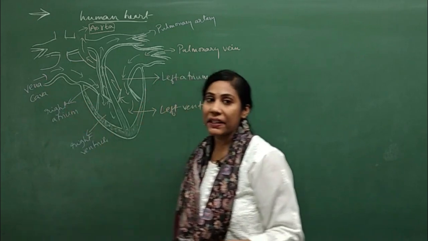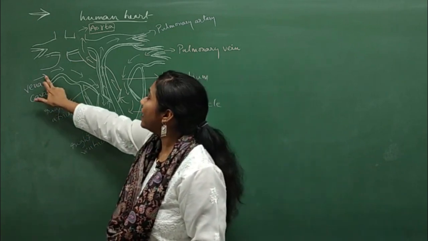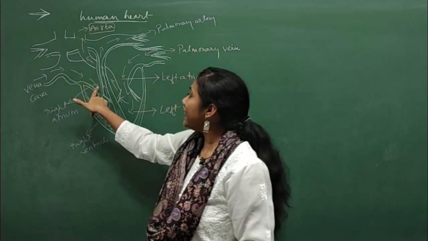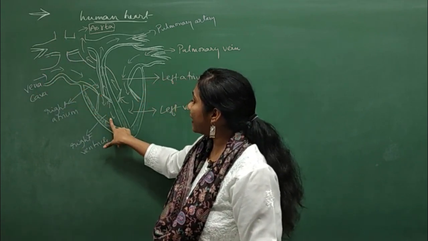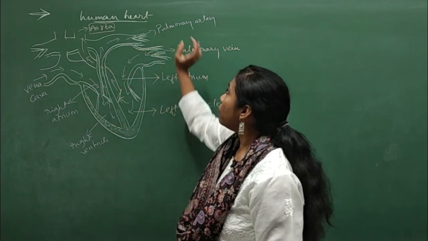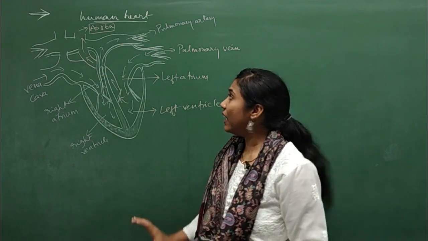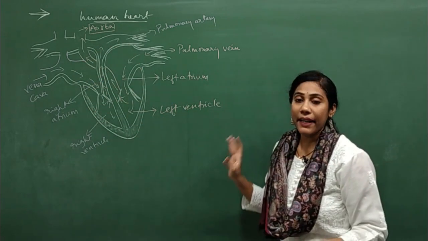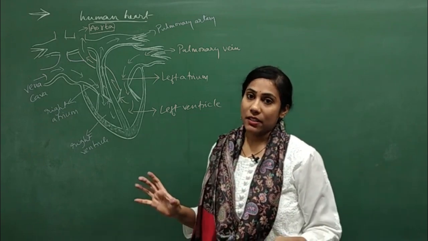Vena cava is bringing. Right? So from the vena cava, this is also vena cava, this is also vena cava, the blood enters the right atrium and then the right ventricle. From the right ventricle, it is going to the pulmonary artery. Clear? And see the aorta. The aorta is taking oxygenated blood to all body parts.